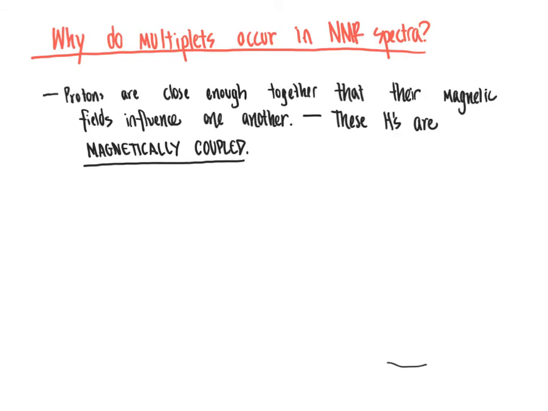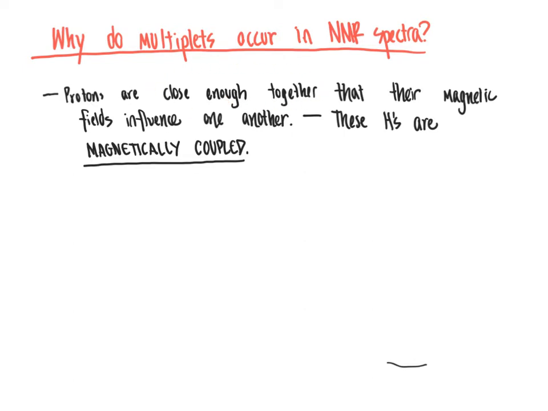Now, when we say that two protons are close enough together that their magnetic fields influence one another, and hence are magnetically coupled, giving a very distinct splitting pattern of the signals, how do we define close enough together?